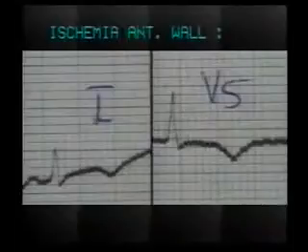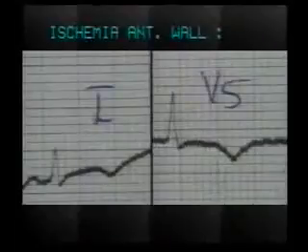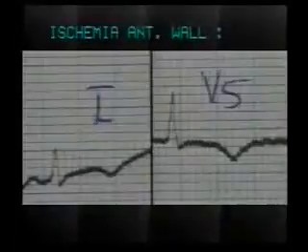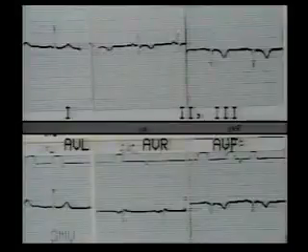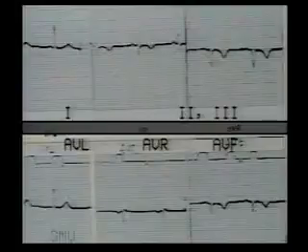This ECG shows T wave inversion in 1 AVL V5 and V6. It indicates myocardial ischemia in anterior wall, probably narrowing of anterior descending branch. This ECG shows T wave inversion in 2-3 AVF. This indicates ischemia in the inferior wall, probably narrowing of posterior descending artery.